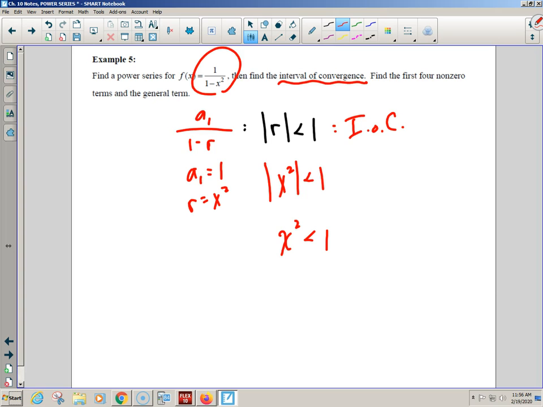Does it make sense to go to negative numbers? Because x squared itself can't go into the negatives, right? Now, can it be 0? Technically, yes. And is 0 less than 1? Yes. But it doesn't make sense to set x squared greater than negative 1, because that would always be true. But how do I solve for x?